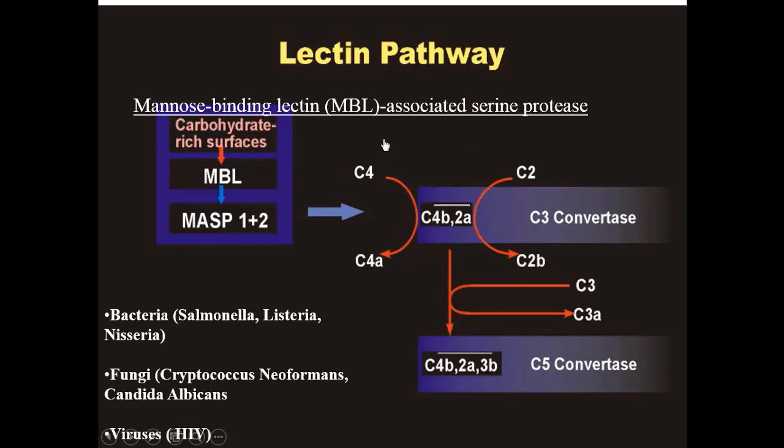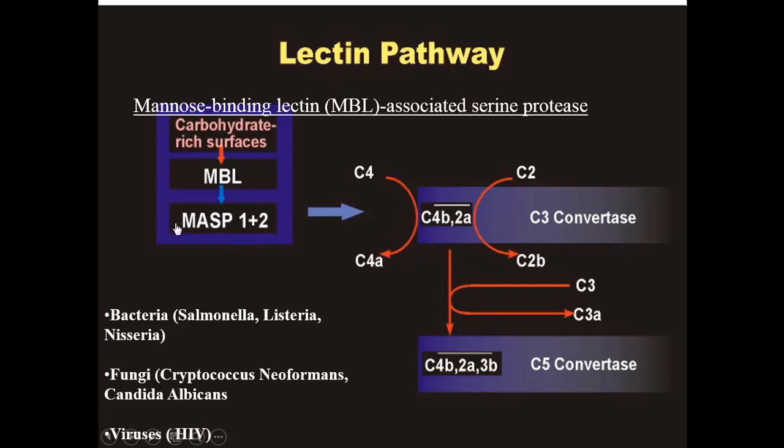The initiator of the classical pathway was C1, but here it is MBL, mannose binding lectin. MBL is a protein that can bind sugars. For example, this lectin, MBL, can bind mannose.